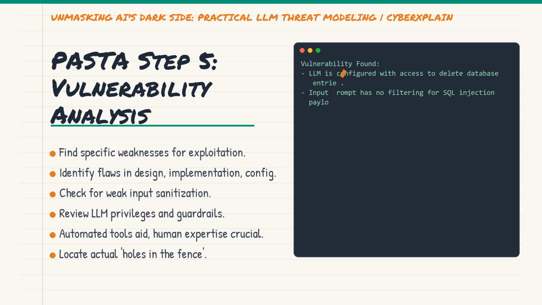Are API keys hard-coded? Is the LLM overprivileged? Does it lack proper guardrails for its output? This involves reviewing code, configurations, and documentation. You might even use automated scanning tools, but a human expert's eye for LLM-specific vulnerabilities is often irreplaceable here. This is about identifying the holes in the fence.